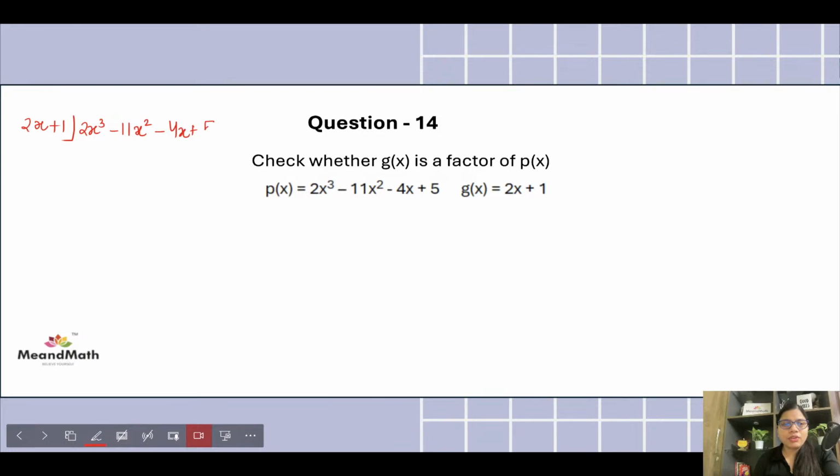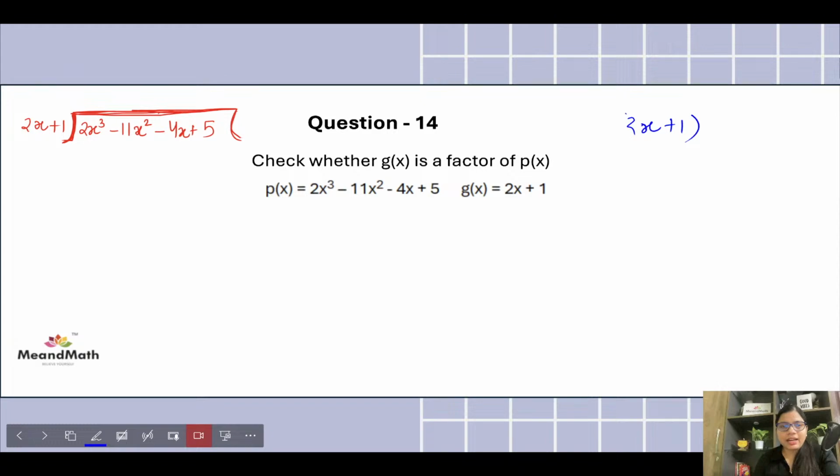Okay, so we are going to be dividing by that. This is the division thing we drew. Okay, now what we're going to be doing, we have 2x plus 1.